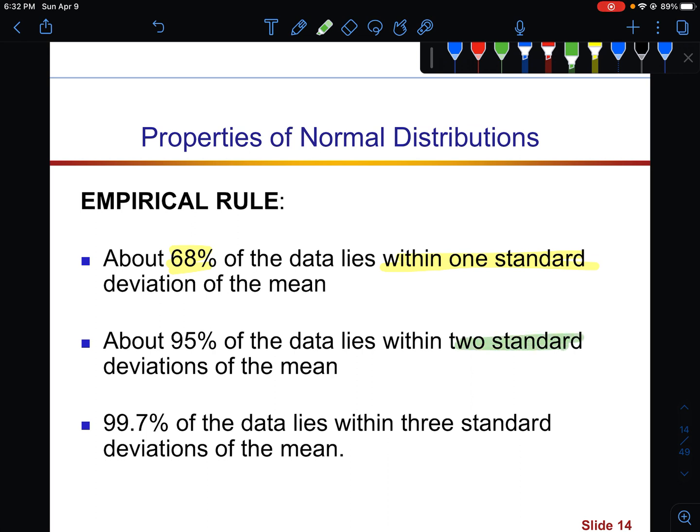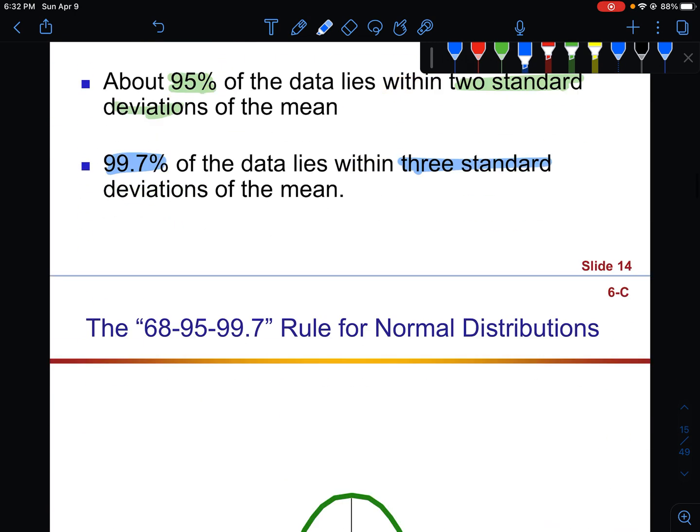If we do 2 standard deviations, that's about 95% of the data. And this is a rule of thumb that we can use to estimate. The last one would be 3 standard deviations away, which is almost the majority of the data: 99.7% of the data would fall between positive and negative 3 standard deviations. I think that'll make a little more sense when we look at a visual.